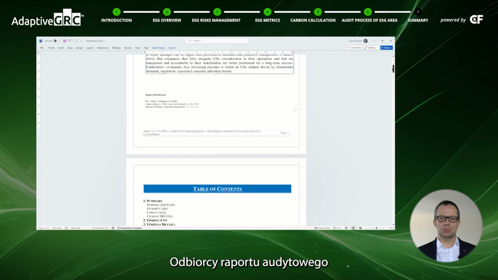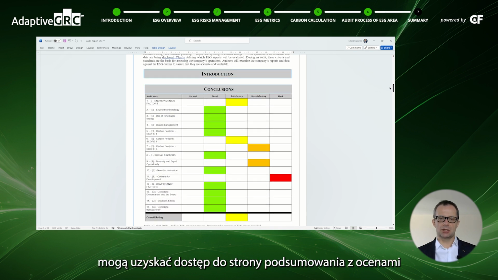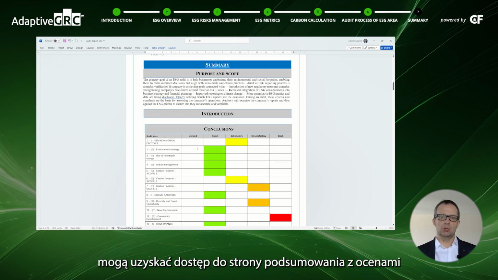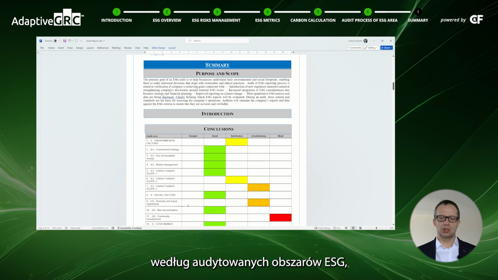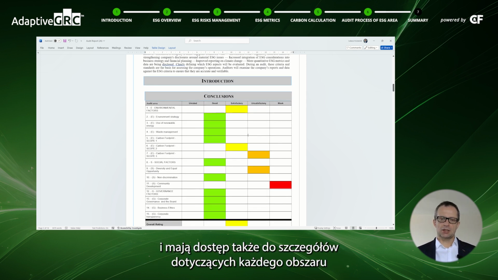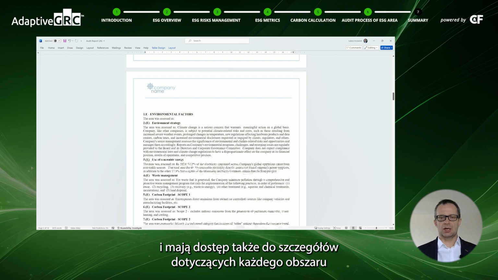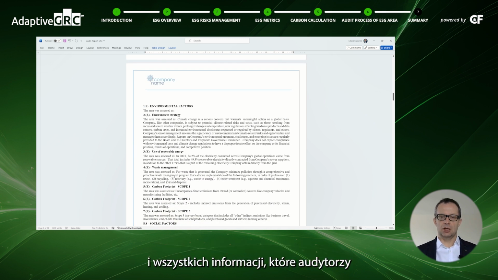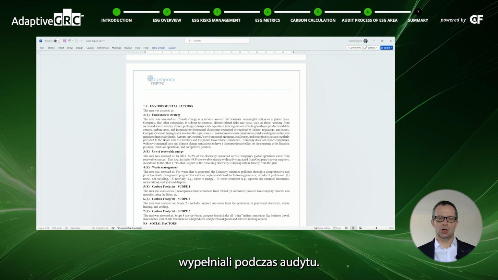Recipients of the audit report can access the summary page with ratings per ESG area audited. They can also access details regarding each area and all information that the auditor filled in during the audit.